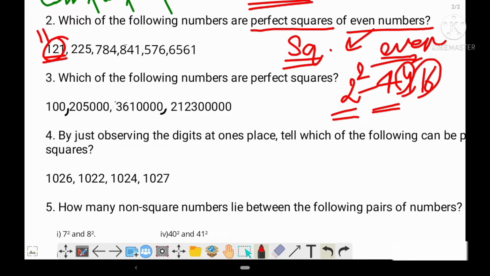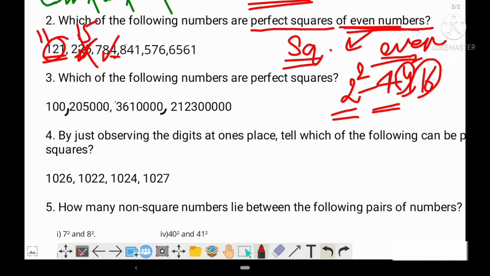Got it? 225. Again, it is a perfect square, students, of 15. But we have to check for even numbers, so it is not. 784. Yes, 784 is a perfect square of an even number. You don't have to compute the final answer, but you have to make out, you have to guess.